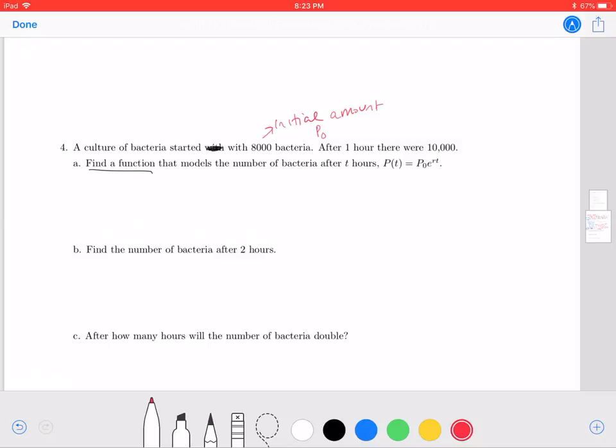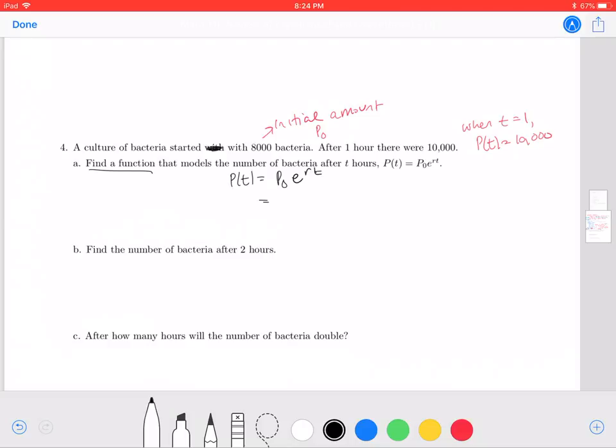The other thing I'm told is that after 1 hour, there were 10,000 bacteria. So that tells me when t is equal to 1, the amount of bacteria I have is 10,000. How do I put that together? Well, I plug in. I have my equation, P of t equals P sub 0 e to the rt, but I'm going to start to replace things.